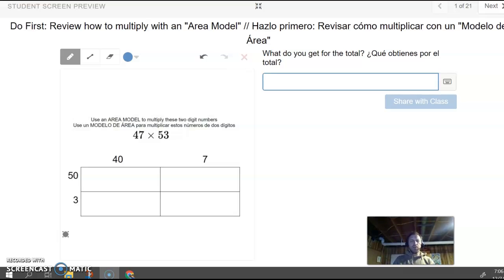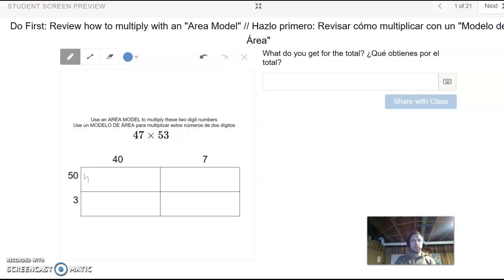So here was our do first, and remember we multiplied 47 times 53 using the area model. So we broke down 47 into 40 and 7, 53 into 50 and 3. So we're just going to multiply each of these pieces.